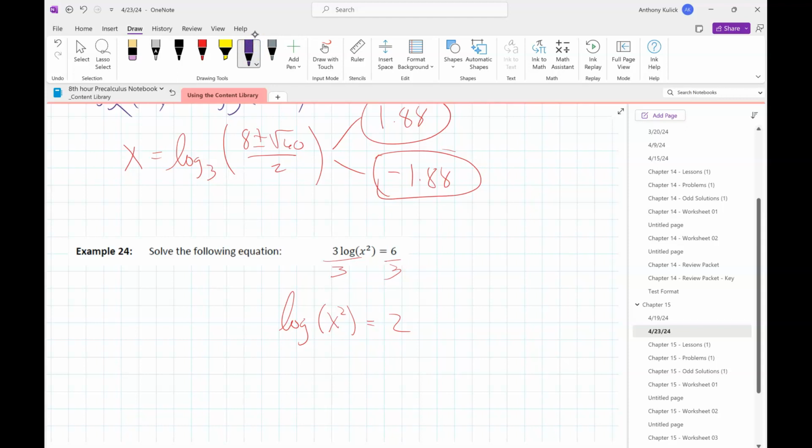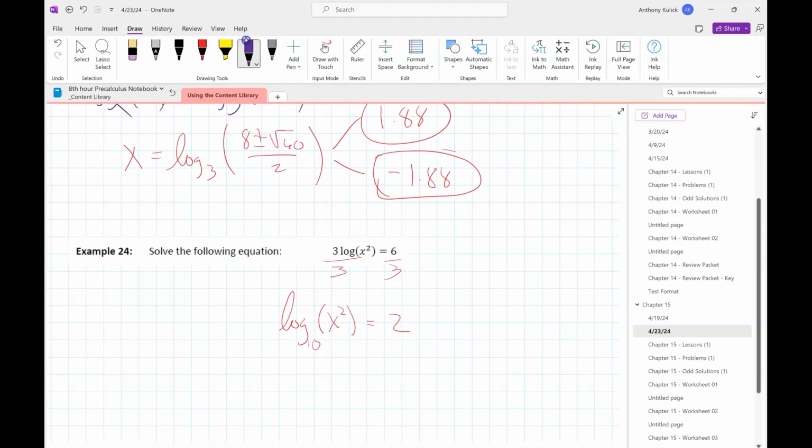How am I going to get rid of that log in front of the x squared? Well, remind me, what's the base for that logarithm? 10.